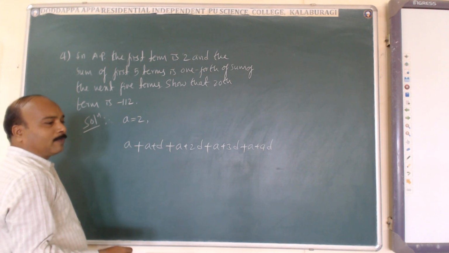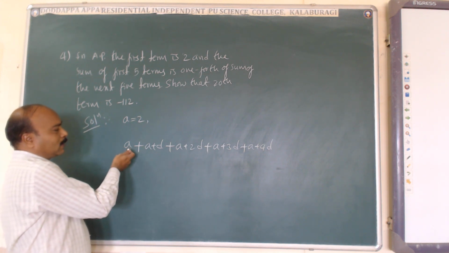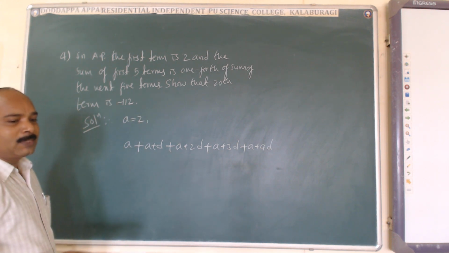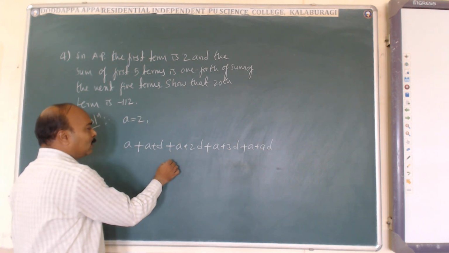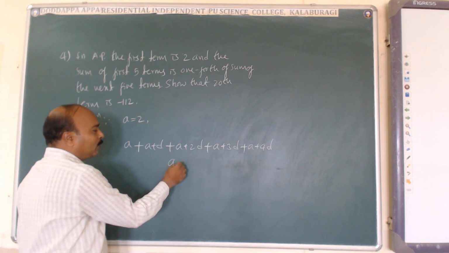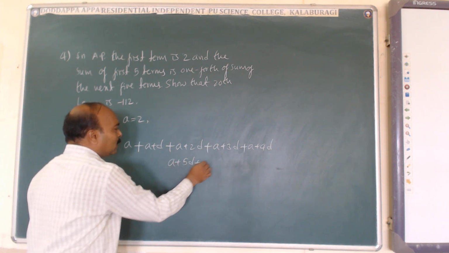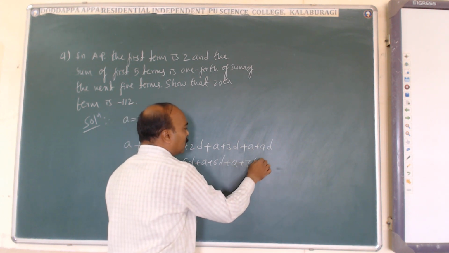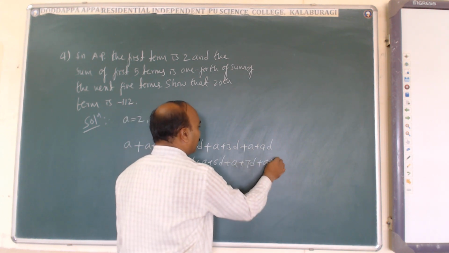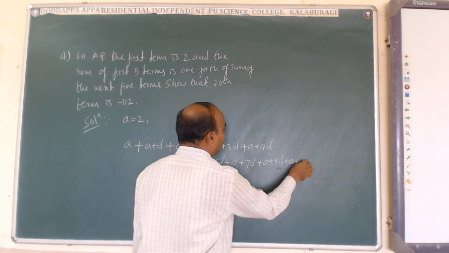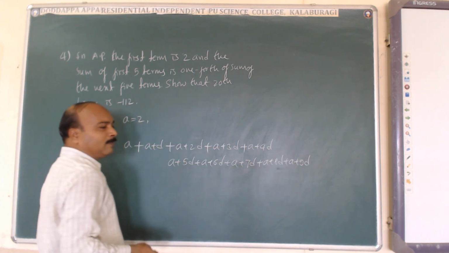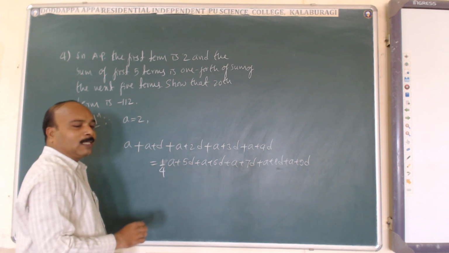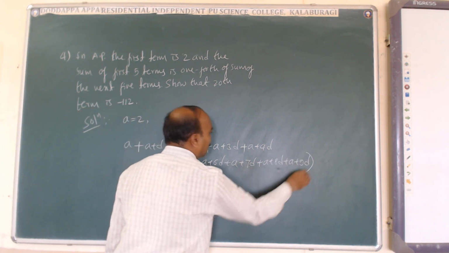The next 5 terms are, after a plus 4d, a plus 5d, a plus 6d, a plus 7d, a plus 8d, a plus 9d. These are the sum of the next 5 terms. It is 1/4 of this, which means multiply this by 1/4 on the right hand side.